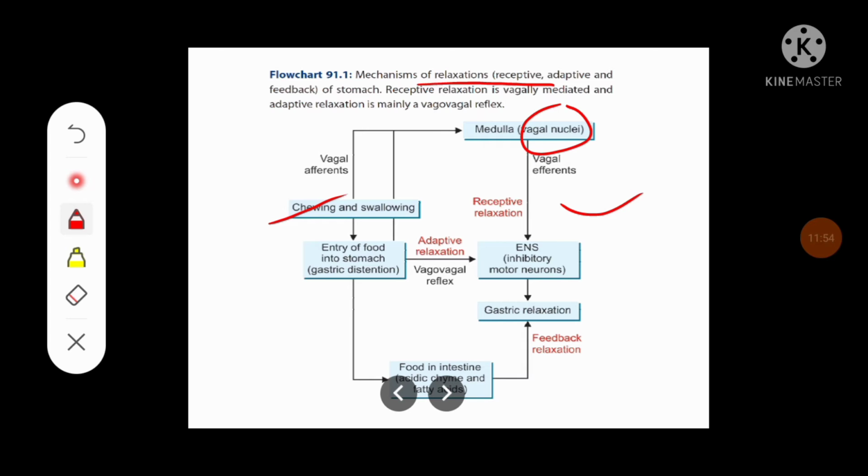Then the entry of food in the stomach causes gastric distension, and the acidic chyme and the fatty acids in the intestine cause the feedback relaxation of the stomach. And sometimes entry of food in the stomach, by vagovagal reflex, is going to cause a receptive relaxation of the stomach.